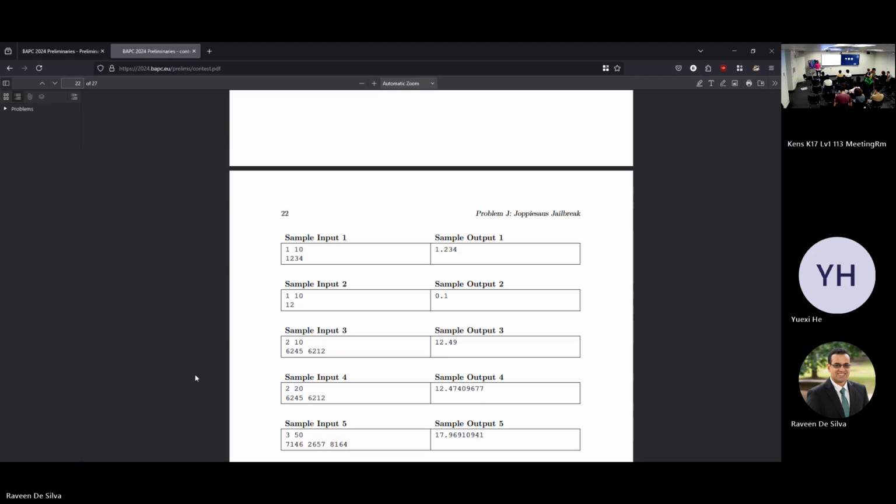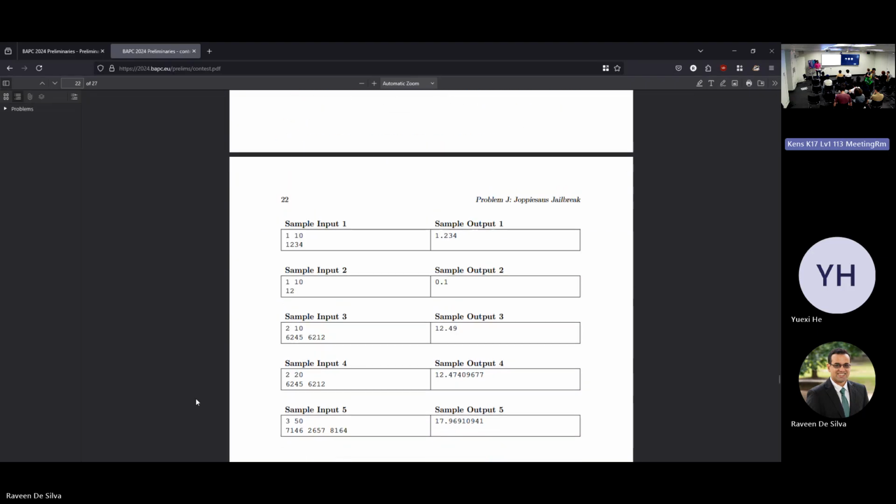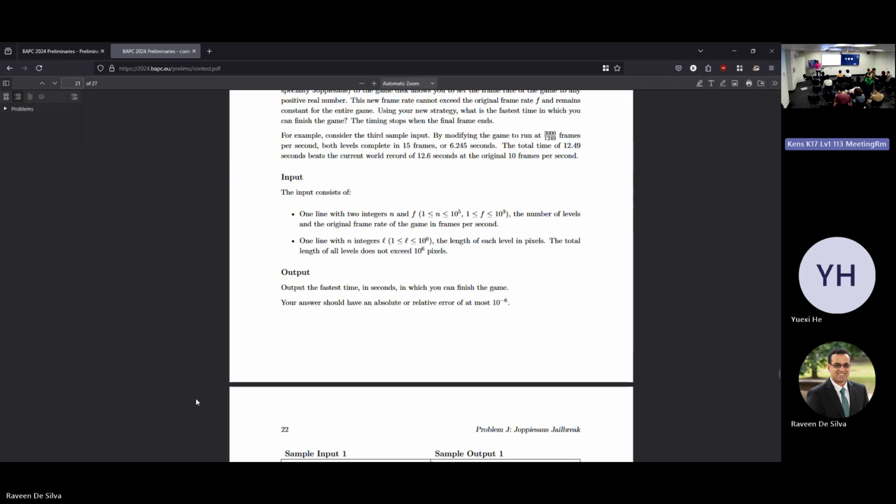So there are 30 frames, and when you multiply it by the duration of a single frame, it's going to be 12.49 seconds. Wait, so this 12.49 is from exactly 30 frames? Yeah.